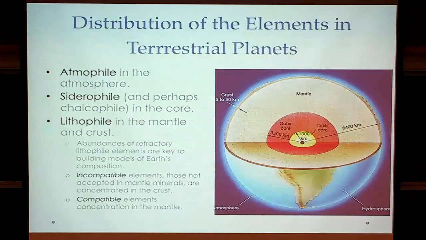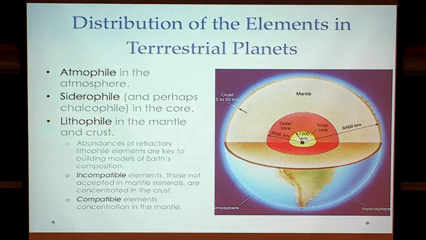Okay, and so eventually planets and planetesimals differentiate into atmospheres, at least for the larger ones that can retain it, with the atmophile elements, siderophile elements in the core, lithophile elements in the mantle and crust.